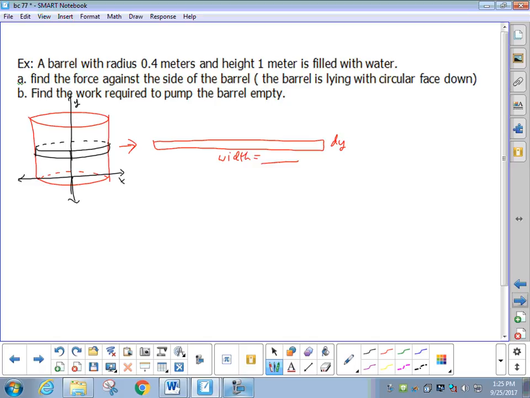So 0 to 1, so the width of that is the circumference.